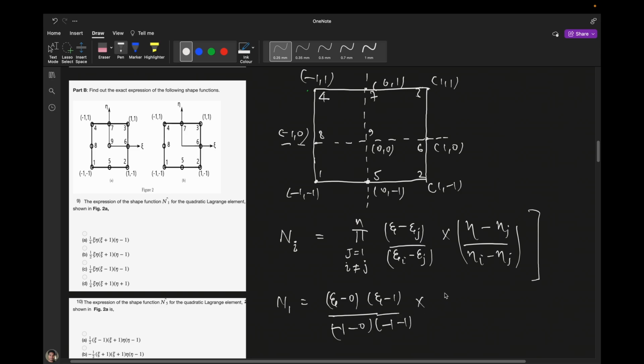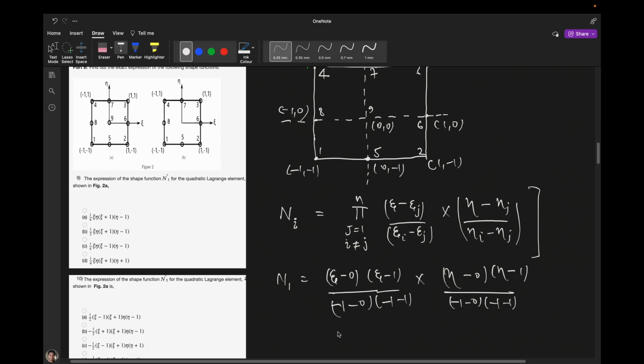Okay, and similarly eta minus 0, eta minus 1 divided by what will be that? That will be minus 1 minus 0 and minus 1 minus 1.